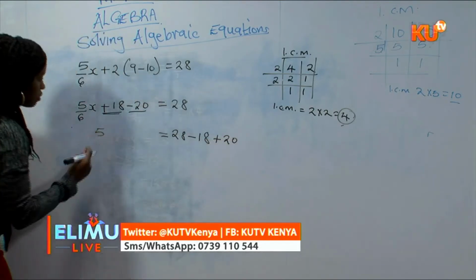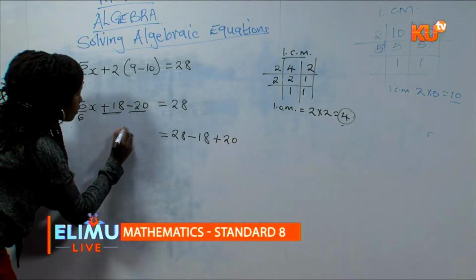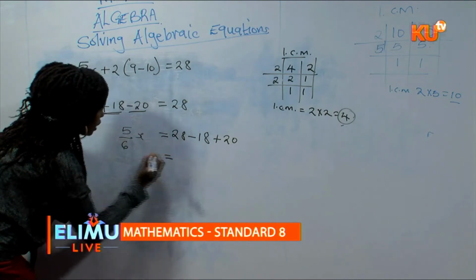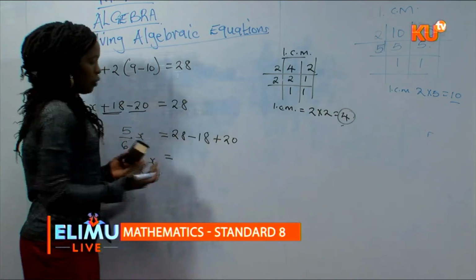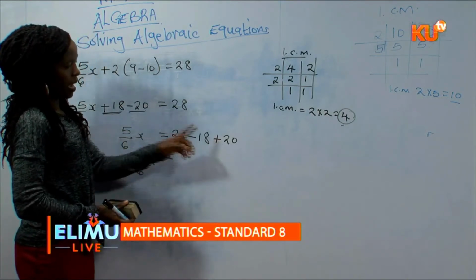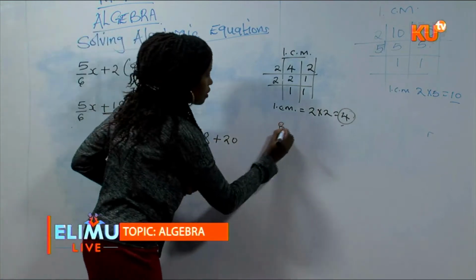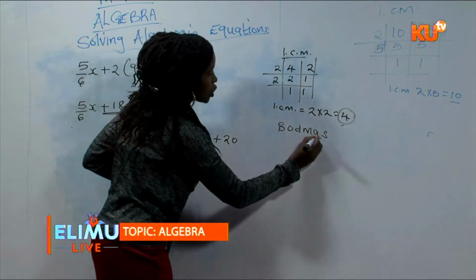This side we remain with 5 over 6x. If you look here, we have a mixture of addition and subtraction. When we are doing BODMAS, we start with addition first.